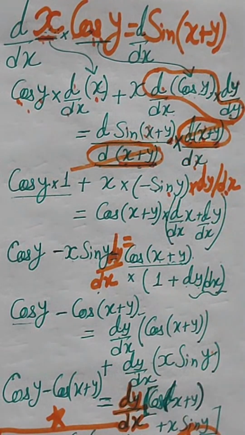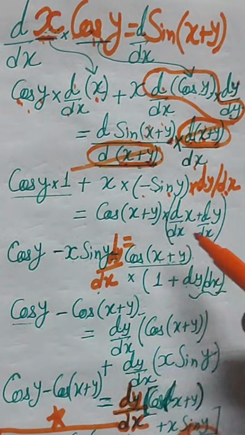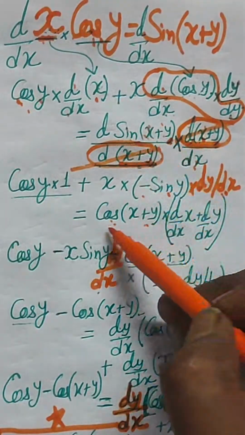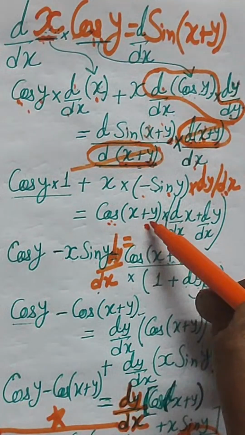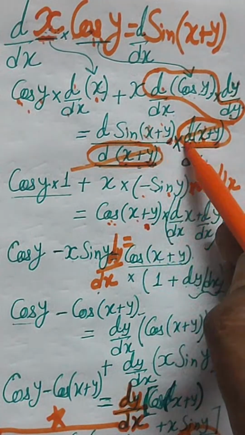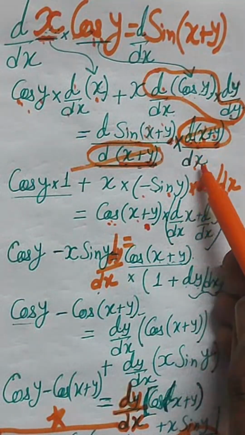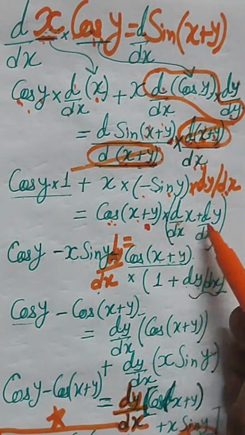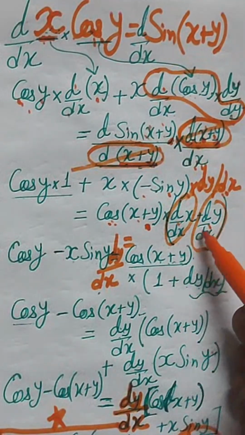Here you can see sin(x + y) is differentiated with respect to (x + y), and we get cos(x + y). And here also, since d(x + y) was left, d(x + y) is differentiated with respect to x. Two functions in addition, so both are split over here: dx by dx of x and dy by dx of y, right?